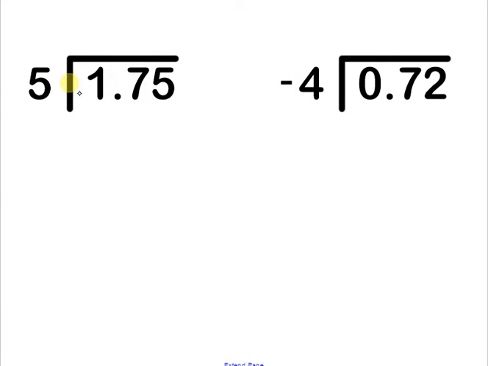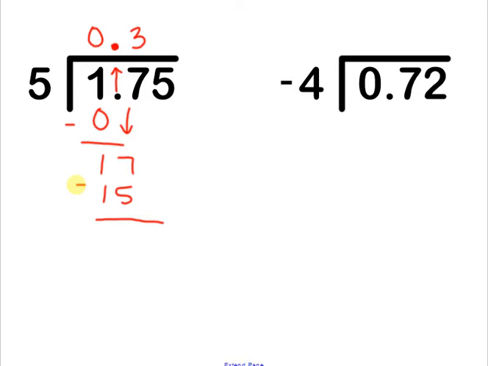All right, I have two positives here. I'm going to bring the decimal straight up to the roof. 5 goes into 1 0 times. 0 times 5 is 0. Subtract. 1 minus 0 is 1. Bring down the 7. 5 goes into 17 3 times. 3 times 5 is 15. 17 minus 15 is 2.